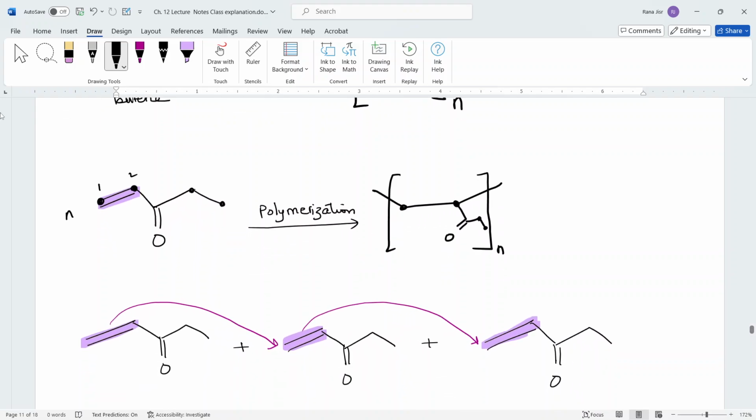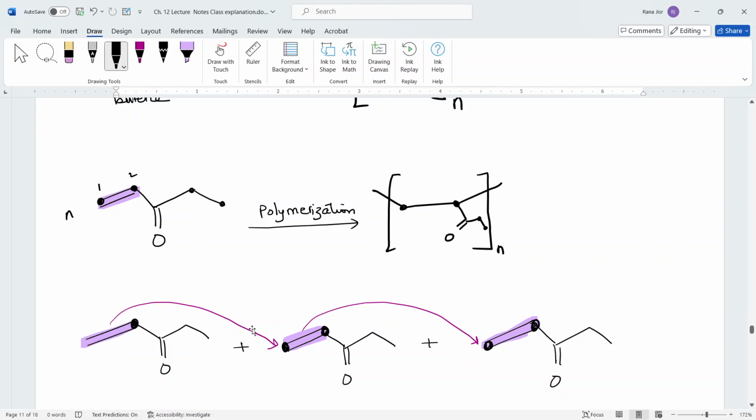It's exactly the same as putting all of these structures next to each other, and then you are reacting them next to each other in there, so that you are forming a bond between this carbon and this carbon, and then you're forming a bond between this carbon and this carbon, and then this carbon and another carbon, and so forth. So the only part that is reacting with each other is actually the alkene.